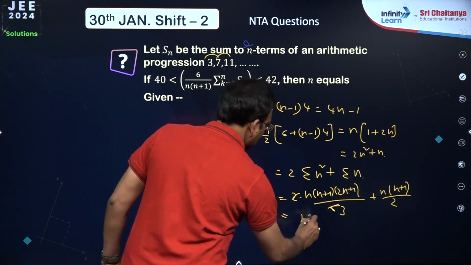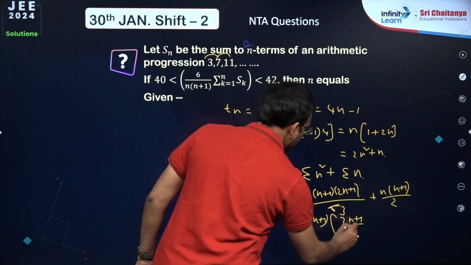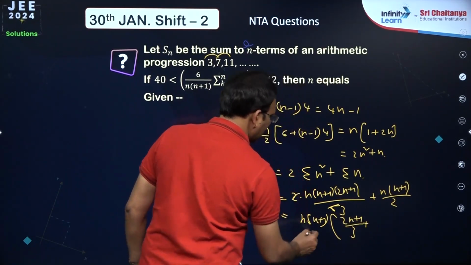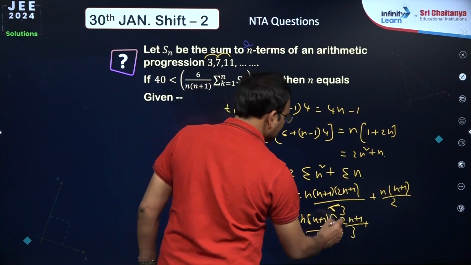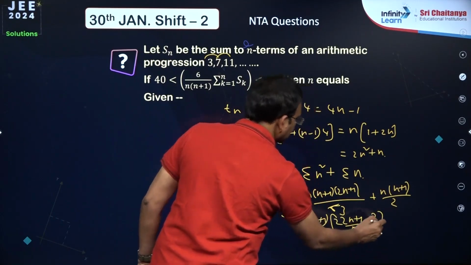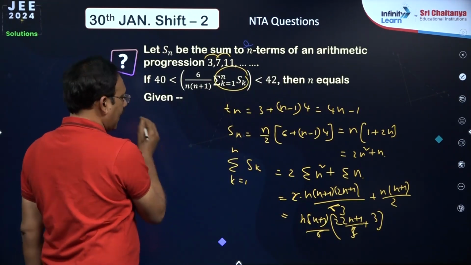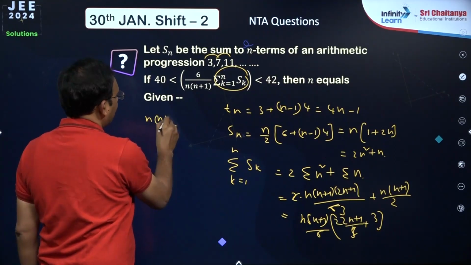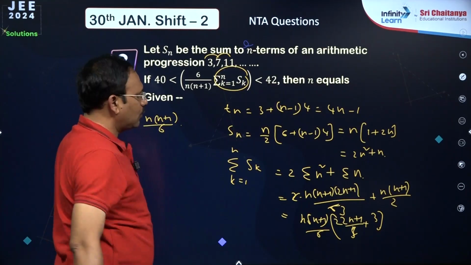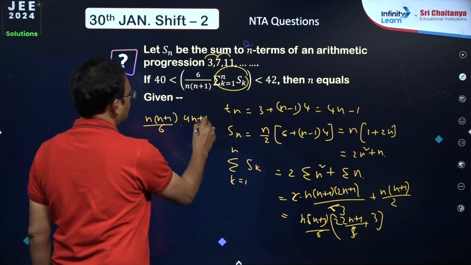You can take n into n plus 1 common, so that 2n plus 1 by 3 plus this, you can take 6 common, so that this is 2 here, so you can write 3 here. So this is finally n into n plus 1 by 6 into 4n plus 2 plus 3, that is 4n plus 5.